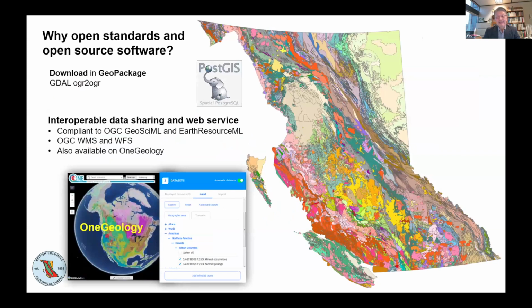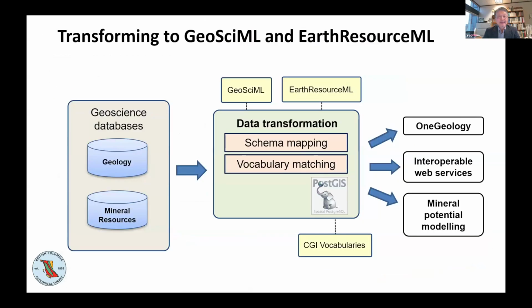Again, the data and the services are compliant to the OGC standards, like Geoscience Markup Language, but also WMS and WFS. And using PostGIS in the backend makes our life so much easier to map our data schema to the OGC standard schema, and also match our vocabulary to the standard terms.